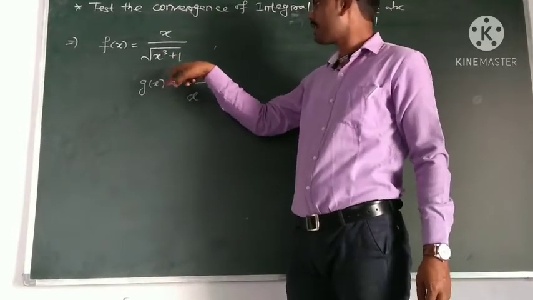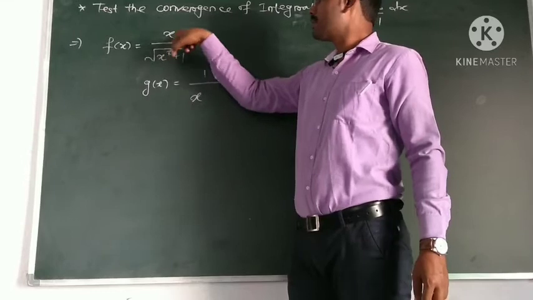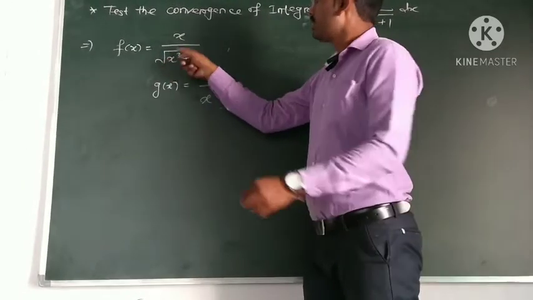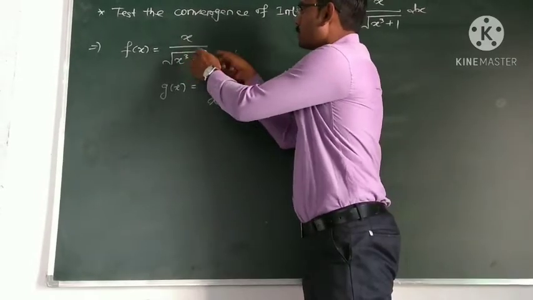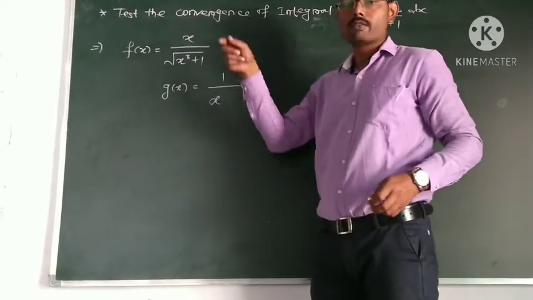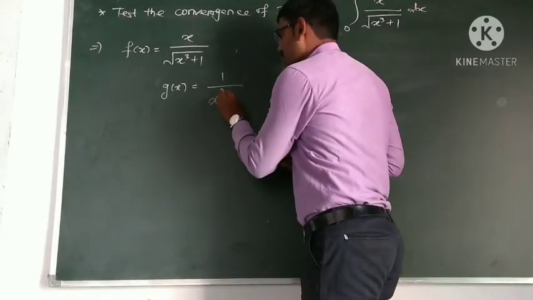What is the highest power of x in the denominator? Square root of x cube, that is, x cube plus 1 raised to power 1 by 2. So the highest power is x raised to power 3 times 1 by 2, that is, x raised to power 3 by 2.